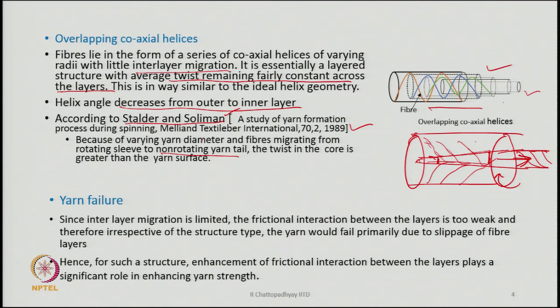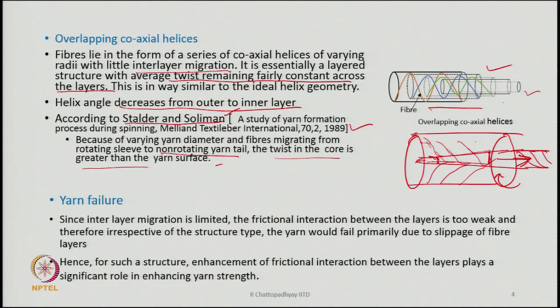So, because of the varying yarn diameter and fibers migrating from the rotating sleeve to the non-rotating yarn tail, the twist in the core is greater than on the yarn surface. So, the fibers which are getting wrapped over here, that twist will be more.